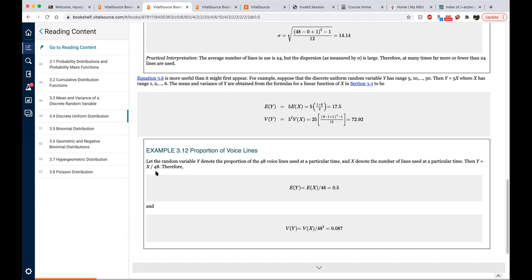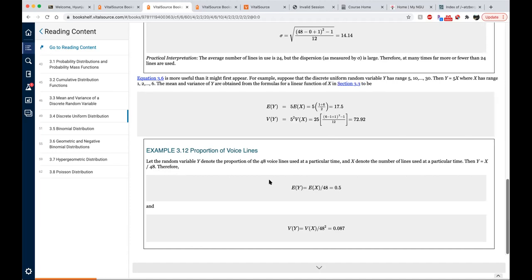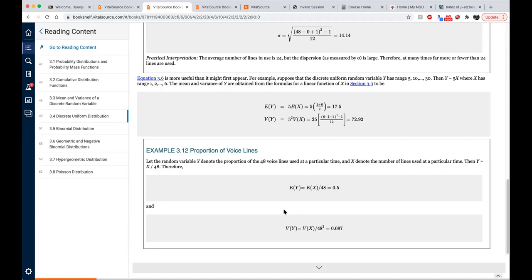Because the proportion is x over 48, where x is 0, 1, 2, 3, something like that. So E of y is E of x over 48, which is 0.5, and V of y is V of x over 48 squared. Similar to what we did here.